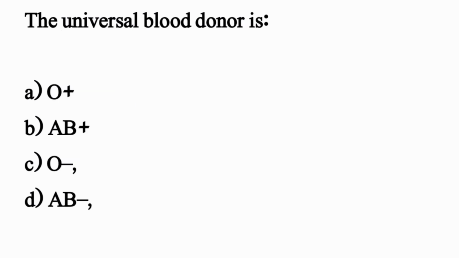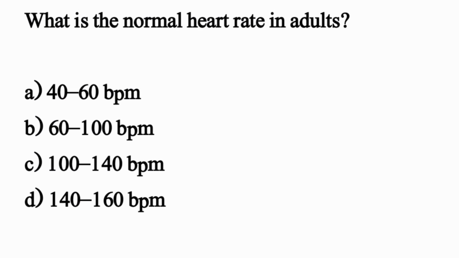The universal blood donor is. The right option is option C, O negative. What is the normal heart rate in adults? The right option is option B, 60 to 100 bpm.